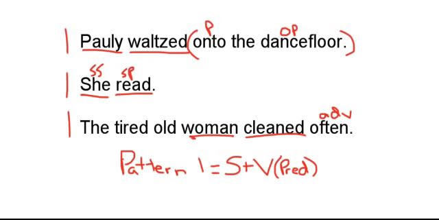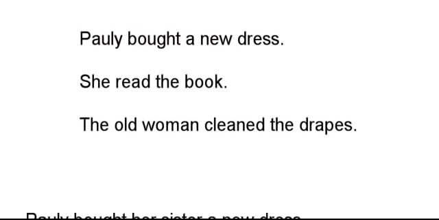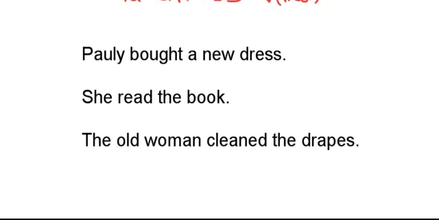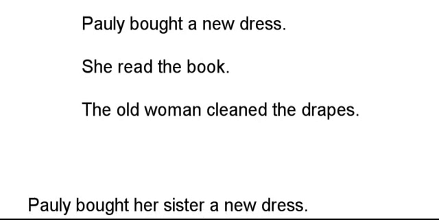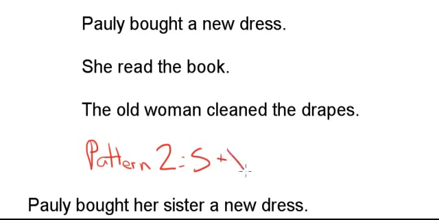Okay, let's scroll down a little bit. Pattern number two are sentences that have a subject plus a verb plus a direct object. A direct object is a noun or a pronoun that receives the action of the verb.